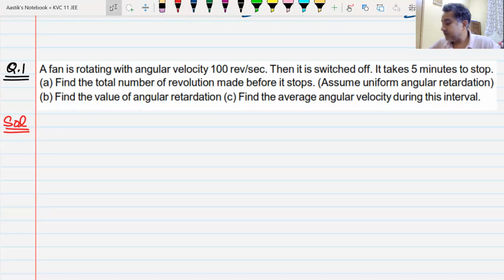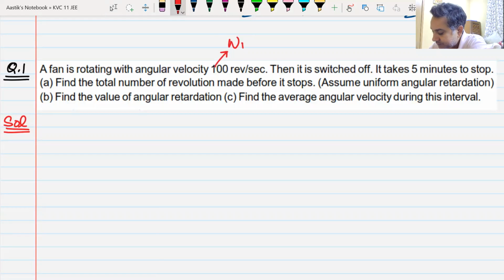So first of all, this velocity that is given is omega 1. Omega 1 is 100 revolutions per second. It is switched off, so it stops. So omega 2 is 0. Time is 5 minutes, so you can call it 300 seconds.